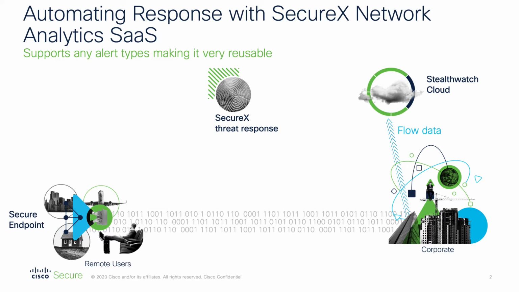First of all, one thing to note is that SecureX Network Analytics SaaS, or Cloud Analytics, monitors the network by collecting telemetry, whether the devices are on-prem or in the cloud. In this specific case, we're monitoring an endpoint or remote users connecting to a specific network, where SecureX Network Analytics SaaS is doing analysis and detecting threats.